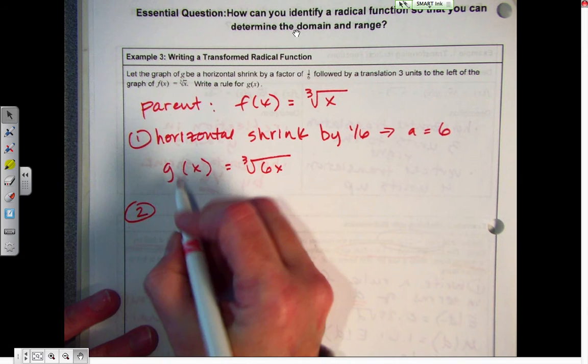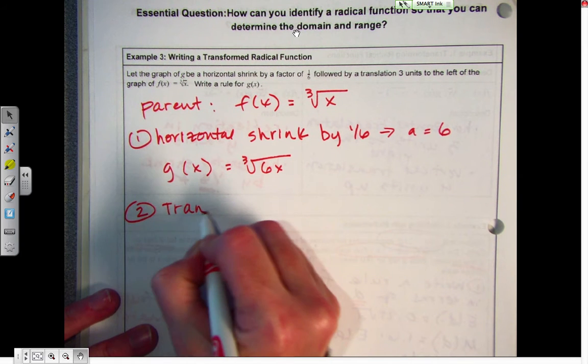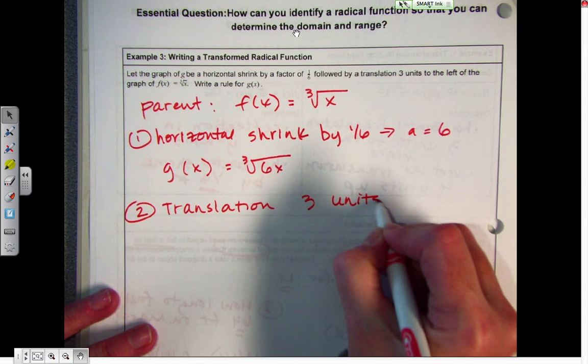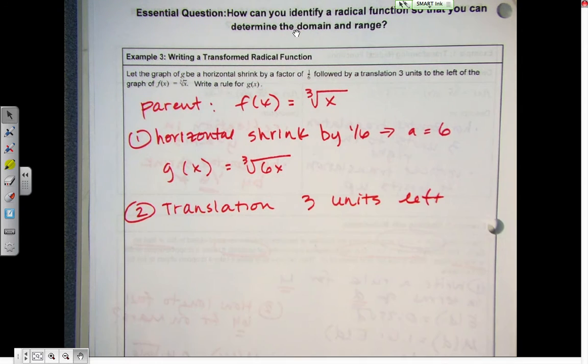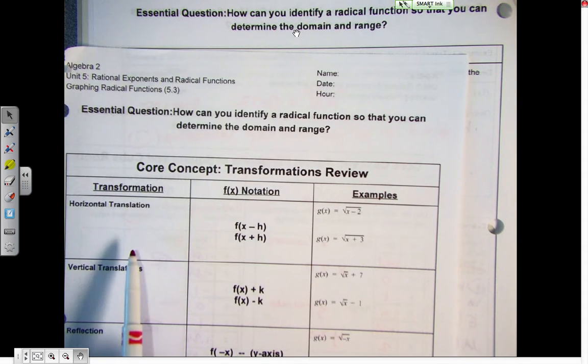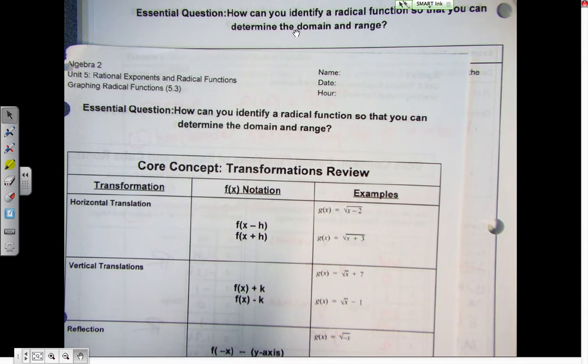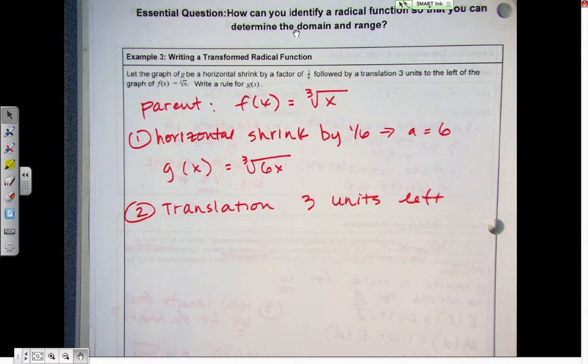Part 2 is the translation, 3 units left. So it's a horizontal translation, so we have to use these. If we want it to go left, it has to be positive.